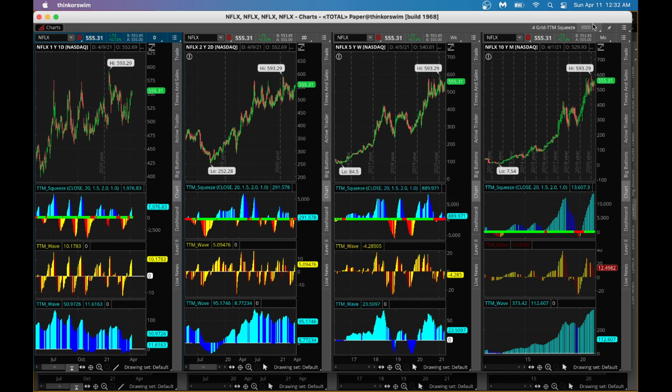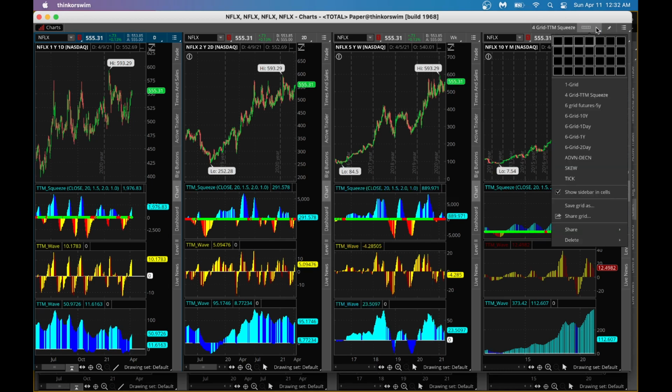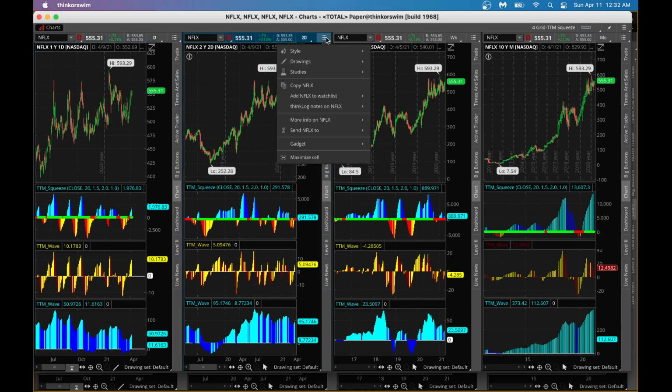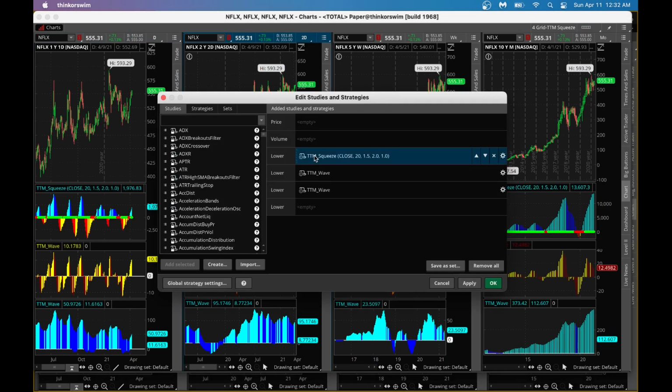And if you look at the grid here, I chose 4 grid because I like to see all the four time frames. For all the 4 grids, it's the same thing. I added the same indicator, the same study here. I got TTM Squeeze, TTM Wave, which is A wave, TTM Wave, which is C wave.